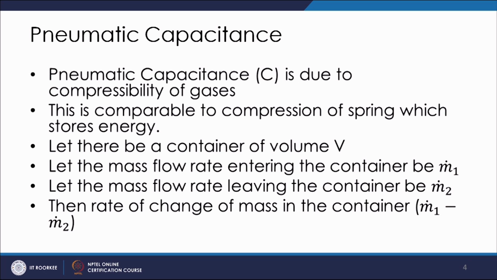Let there be a container of volume V, and say there is a mass flow rate entering the container, m1 derivative, and the mass flow rate leaving the container be m2 derivative. Then the rate of change of mass in the container is going to be m1 dot minus m2 dot.